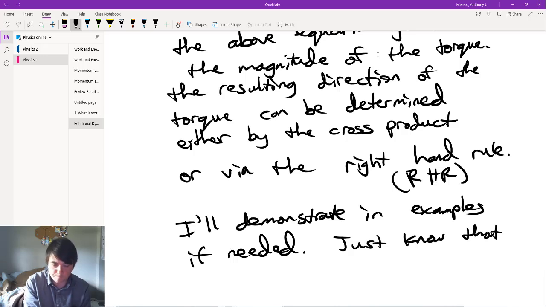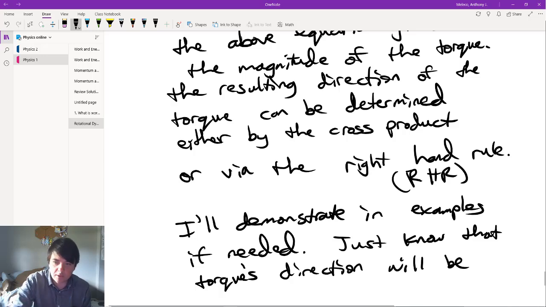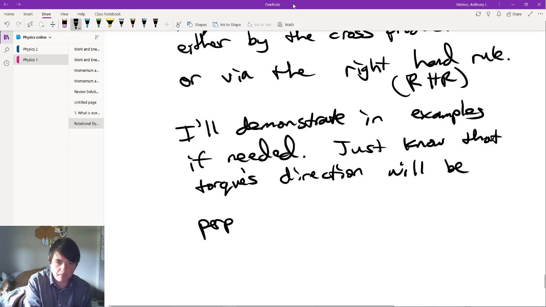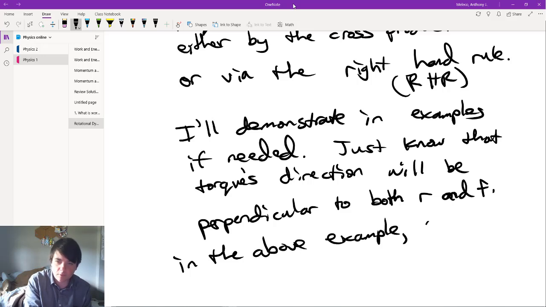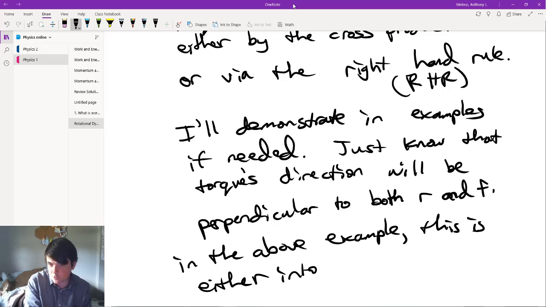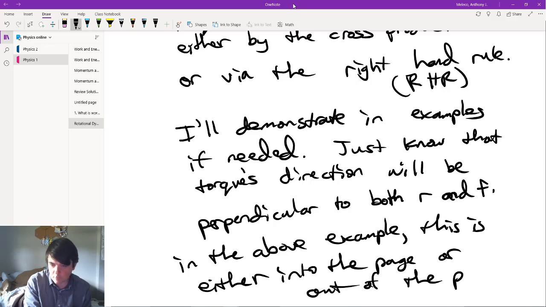Just know that torque will be perpendicular to both R and F. In the above example, this is either into the page or out of the page.